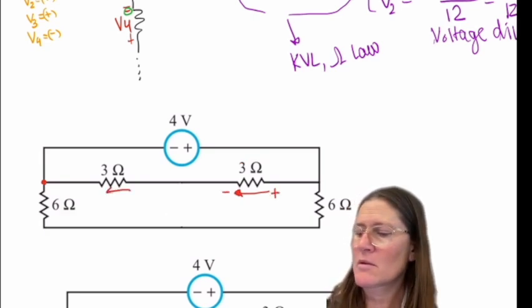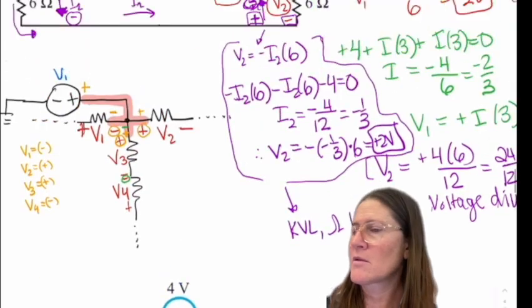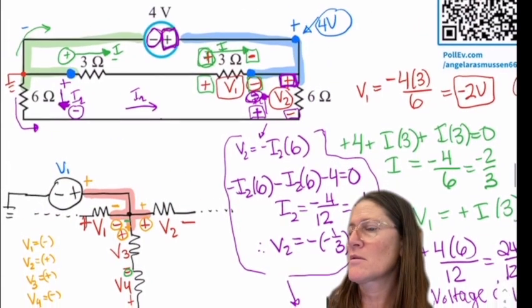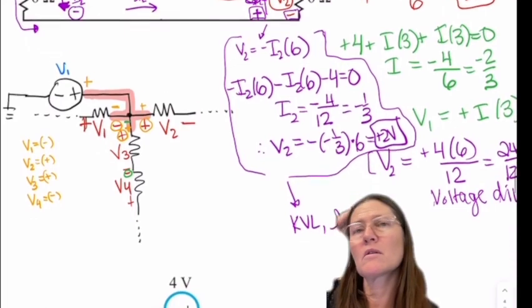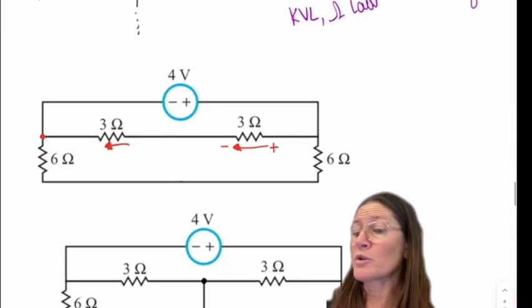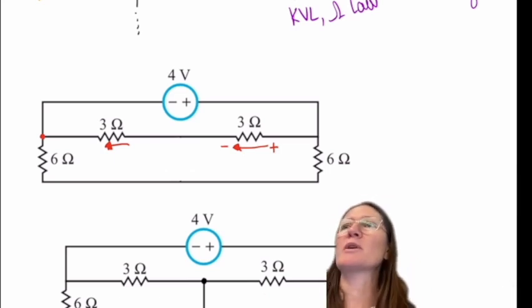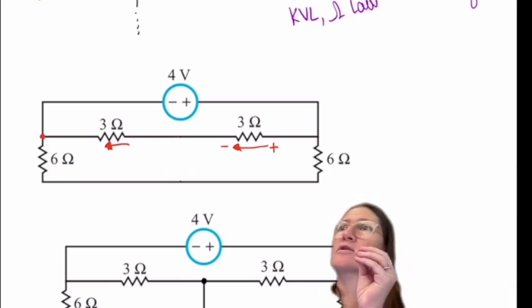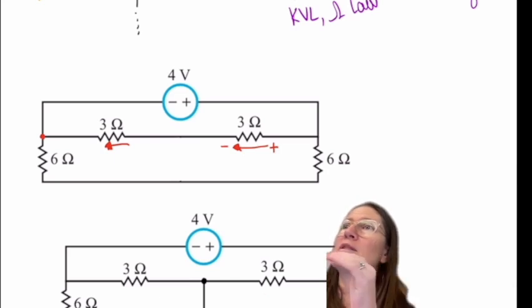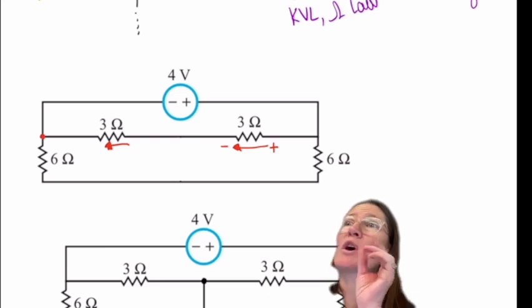So does the second one always have to go the same direction as the first one? Oh, in the branch. You have to notice that's a branch. They're connected by an ordinary node. So yes, the currents are going to be in the same direction because it's one branch.